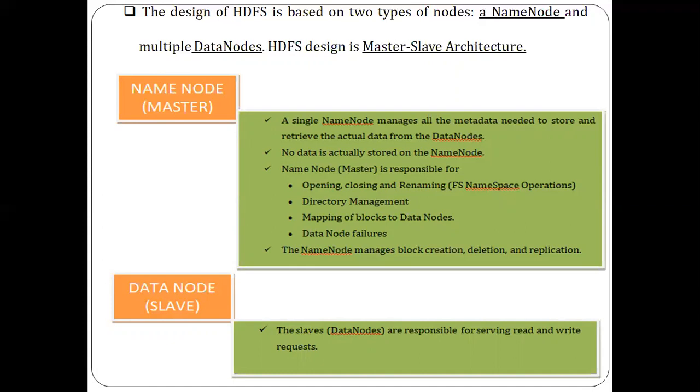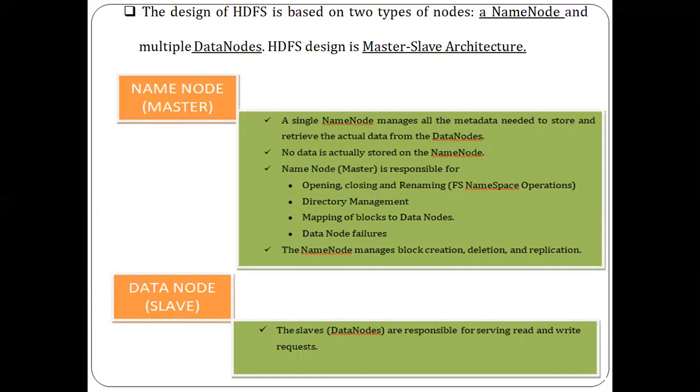As we discussed in the last session, the replication concept tells you that HDFS by default has a replication factor of 3, in the sense 3 replications of a single block are stored in different data nodes. Okay, this replication is also managed by the name node.